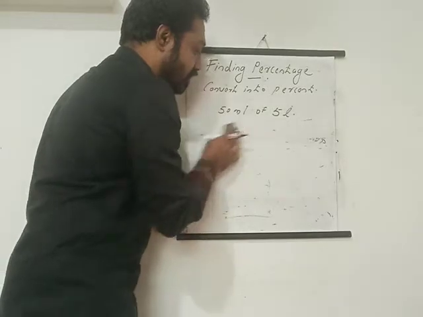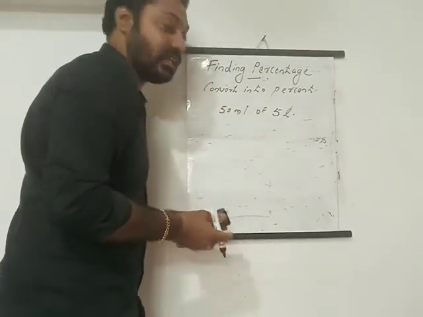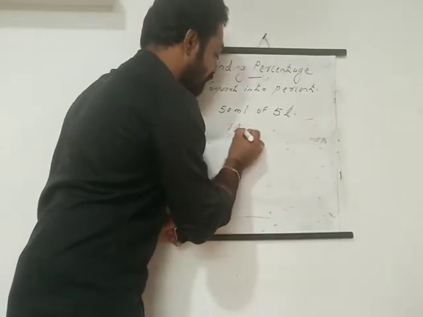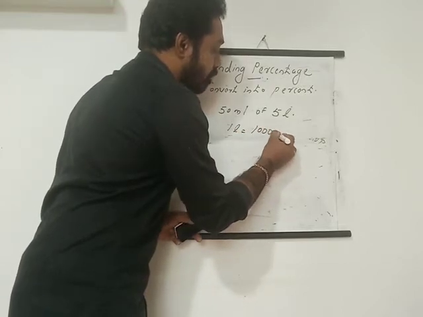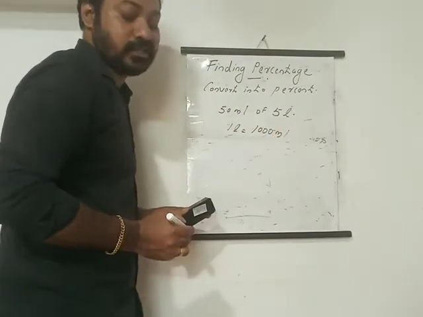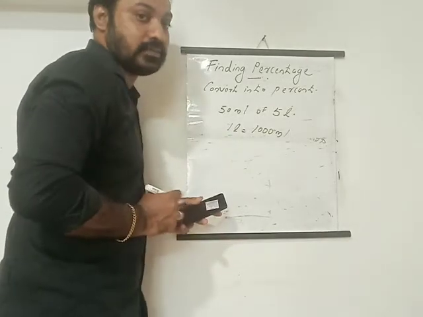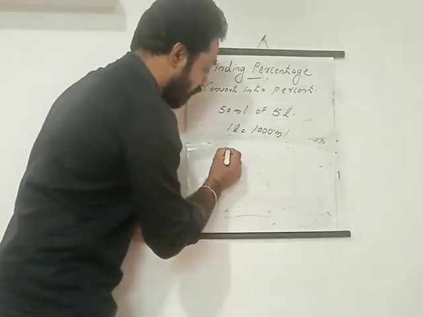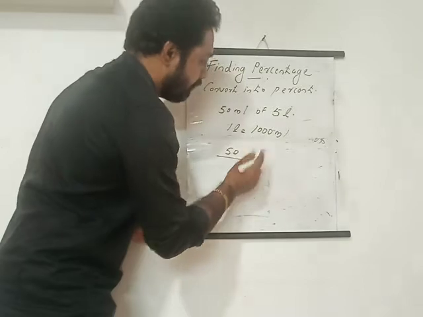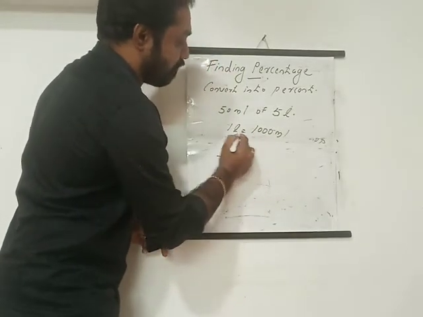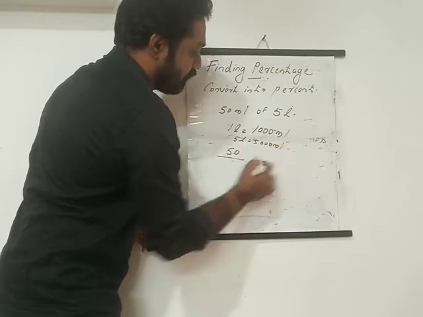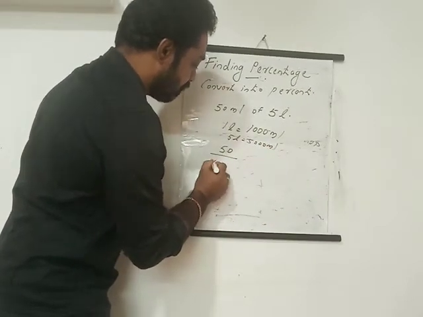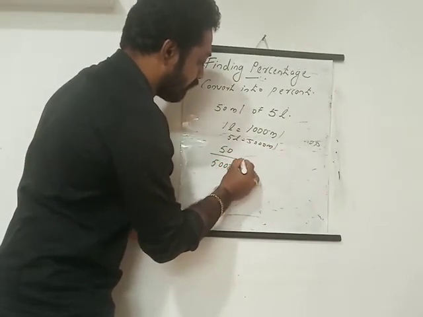You have to convert 5 liter into milliliter. 1 liter is 1000 ml, which we studied. So what is 5 liter? That is 5000 ml. So 50 divided by 5000 into 100 you have to do.